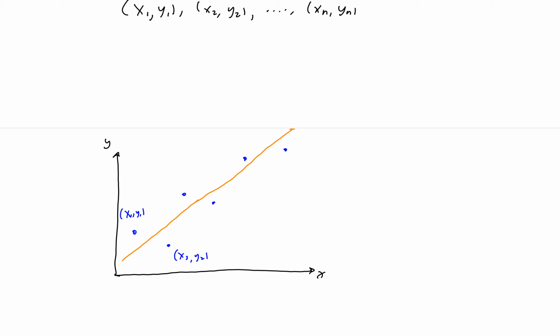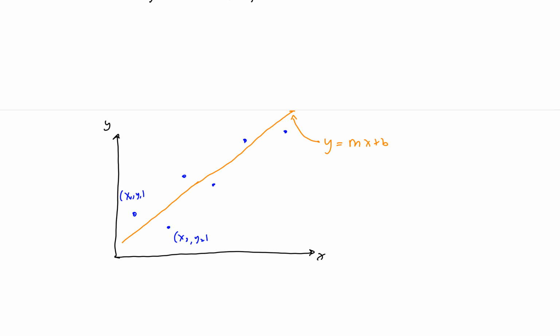So it might go through some of the points, it might not go through any of the points, but it's going to best fit the data. So let's say this is y equals mx plus b. And how we're going to measure this is we want to minimize the squares of the distance. So when I look at this, for each one of these points, I have some distance here that's kind of the error from what I measured to what the line would give me.